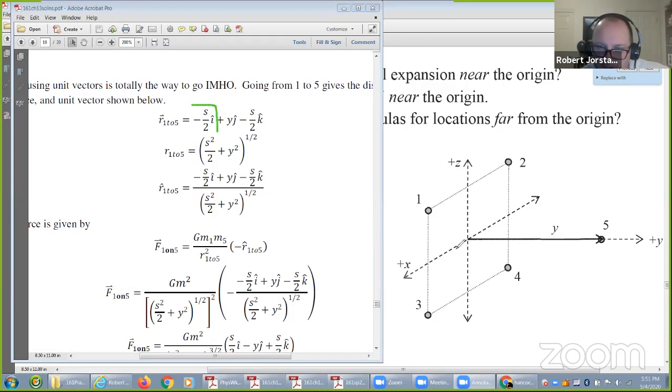That's right here. The square is side s, so that's s over 2. Okay, look, we're going from 1 to 5. So let me clear that out. S over 2.